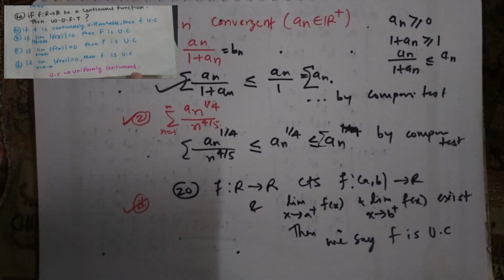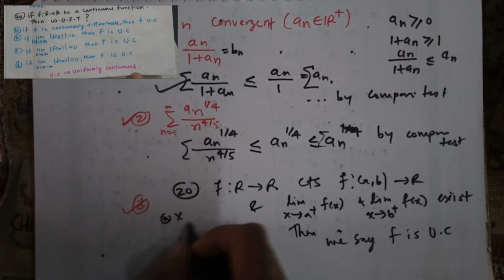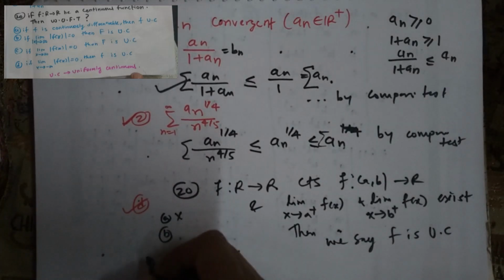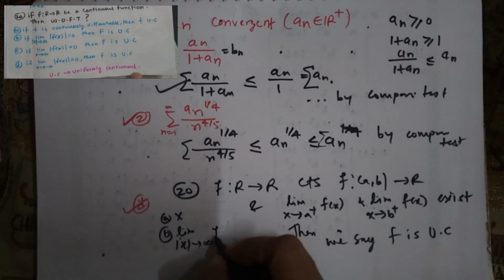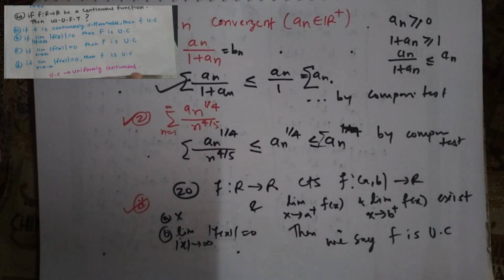Okay, if I look at all the options, we have f is continuously differentiable to be true. If I look at the second option, limit |x| tends to infinity f(x) is equal to 0, what does it mean?